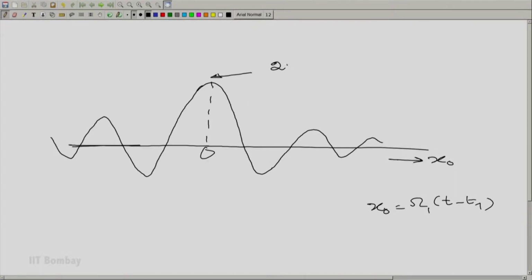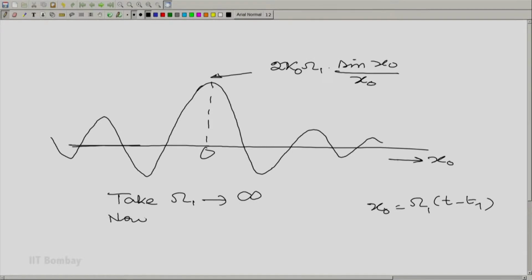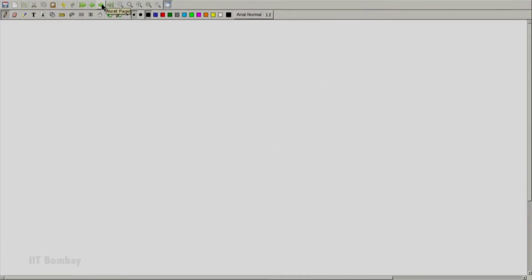So, what we plotted was essentially 2 kappa 0 times omega 1 into sin x0 by x0, and x0 was defined as shown here. Later what we said was, we wanted to take omega 1 tending to infinity. So, we would like to plot this not as a function of x0, but now we plot as a function of t minus t1. So, let us do that.